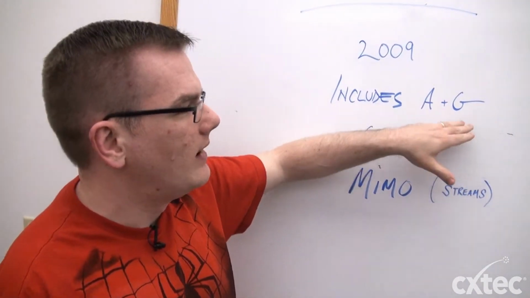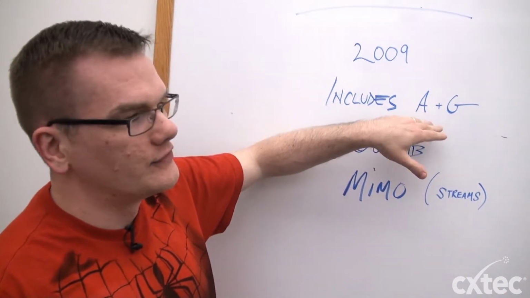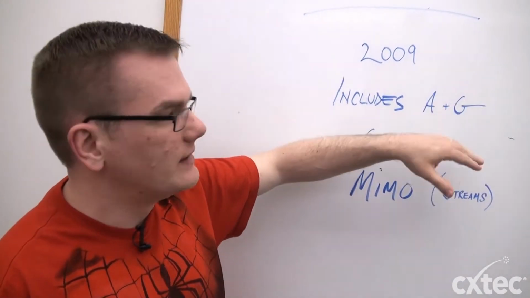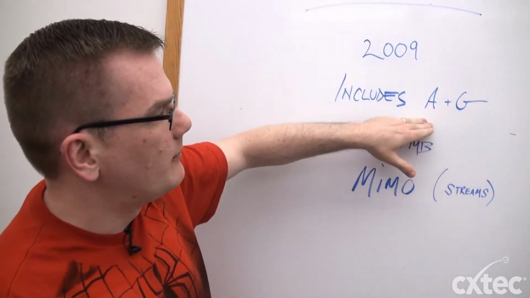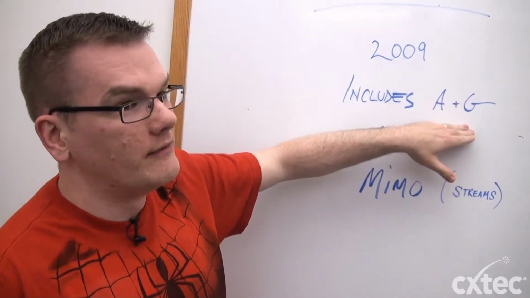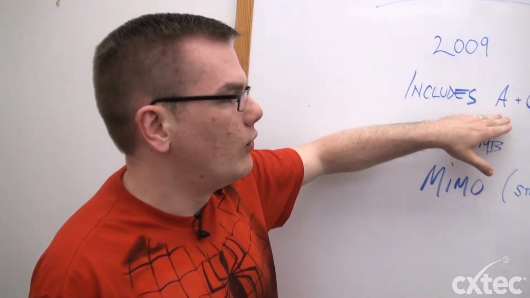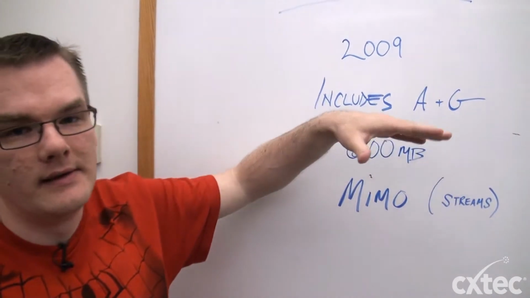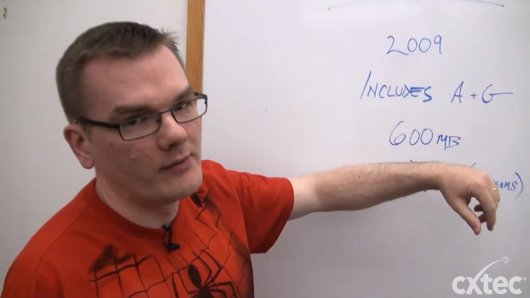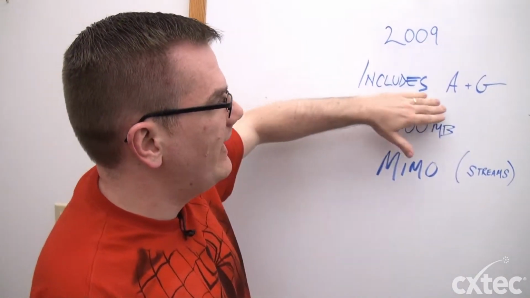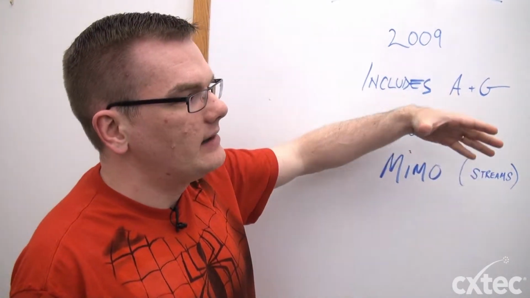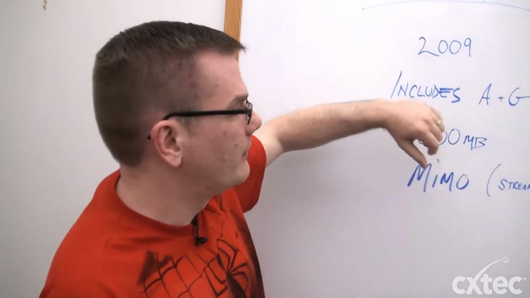And while you'll see A, B, G, and N listed together, N really encompasses a revision or a refreshing of the old A and G standards, getting more speed and more bandwidth from those standards. So A and G are both revitalized and used in a different way to make sure that we have a lot more bandwidth.